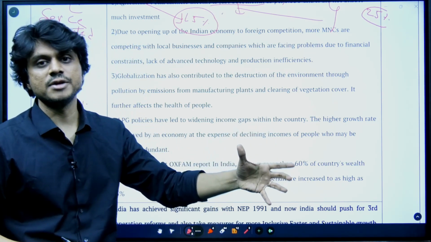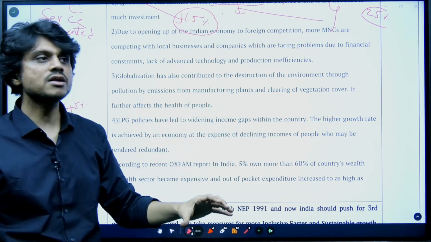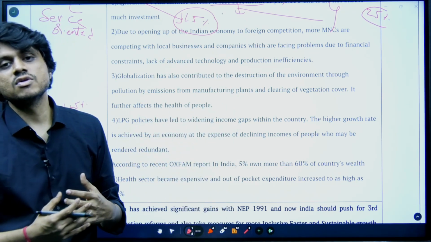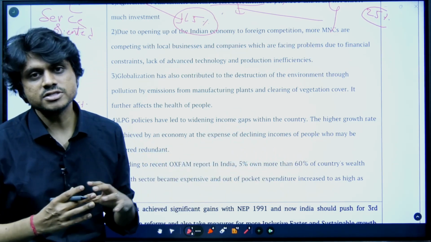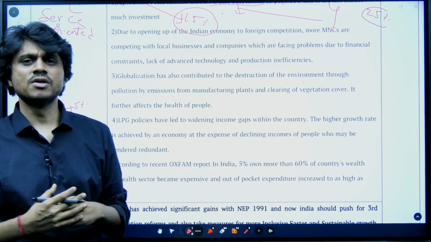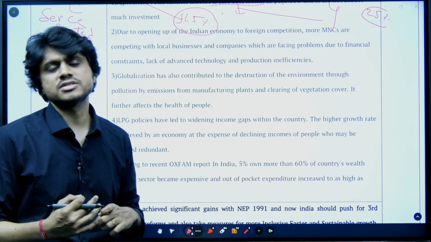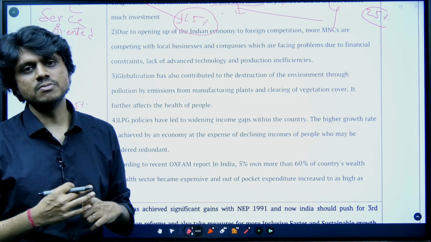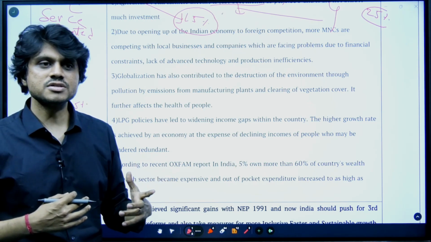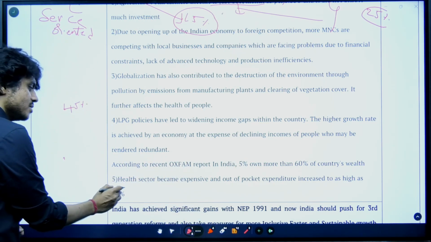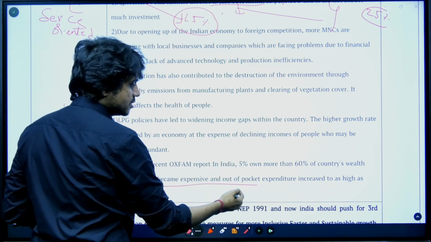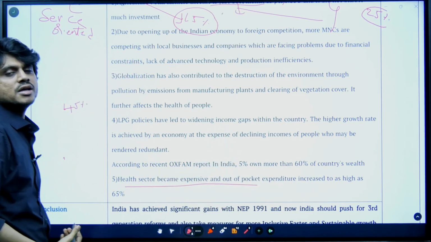Health and education are primarily provided by the government. Here, the government does not have that much fiscal space, so it allows the private sector. Now the private sector is driven by the profit motive, right? As a result, our tertiary health sector has become too costly for us. That's the reason the out of pocket expenditure is increasing. When this happens, these things can lead to more and more poverty and inequality, right?